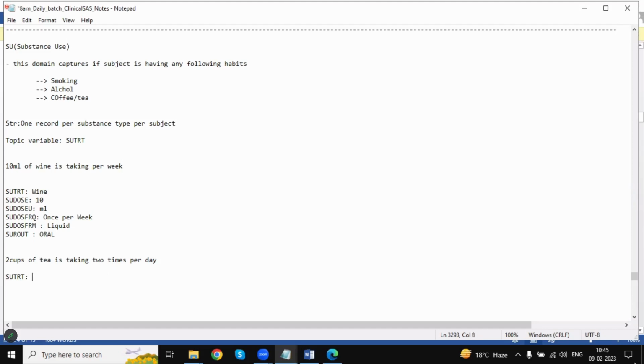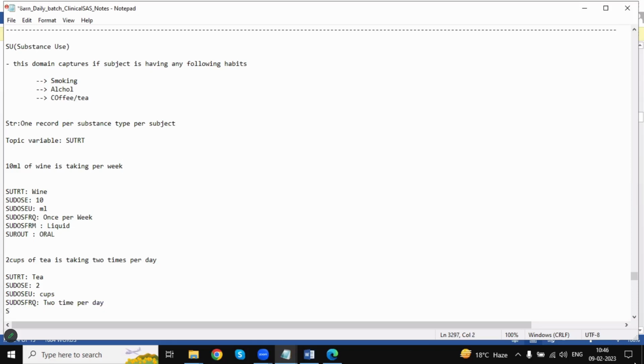Tea. SUDOSE is 2, SUDOSU is cups, SUDOSFRQ is 2 times per day.